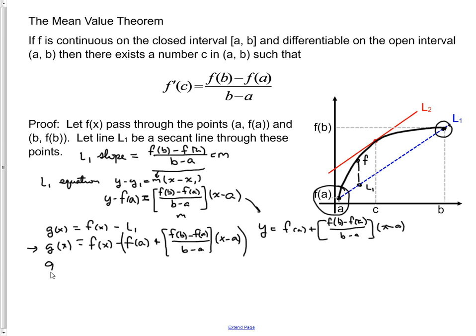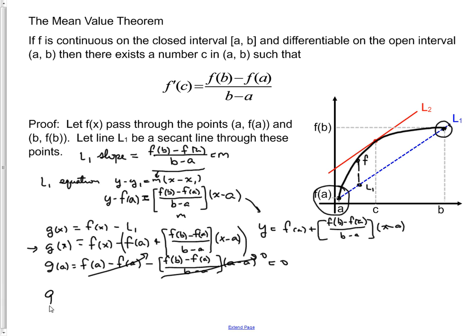Well, g of a is equal to f of a minus, distributing my negative sign here, minus f of a minus f of b minus f of a over b minus a times, well, if it's g of a, it's a minus a. Well, that's 0, right? This is 0, so g of a is equal to 0.